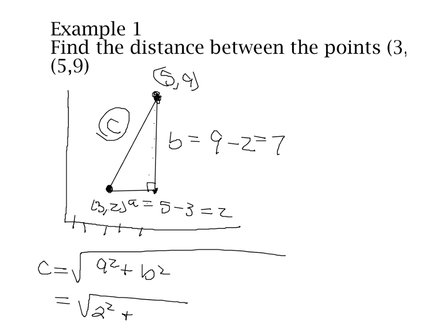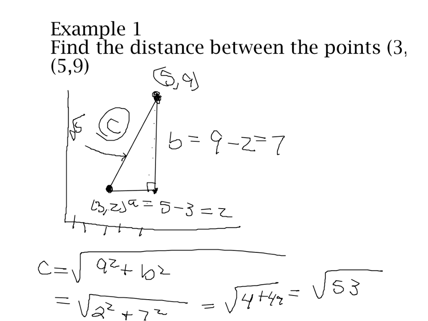So A is 2 and B is 7. So 2 squared is 4, 7 squared is 49, and so the distance is the square root of 53. 4 plus 49 is 53. So that is the distance between the 2 points.